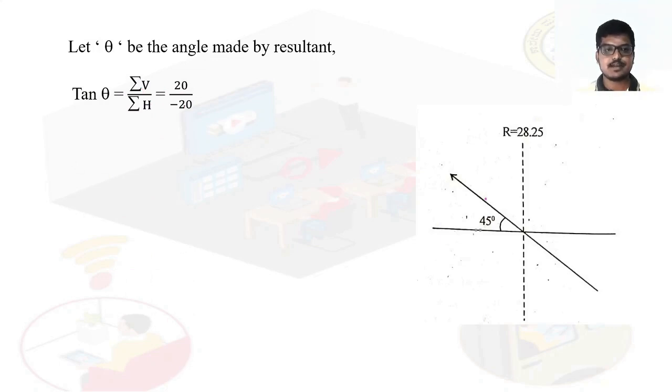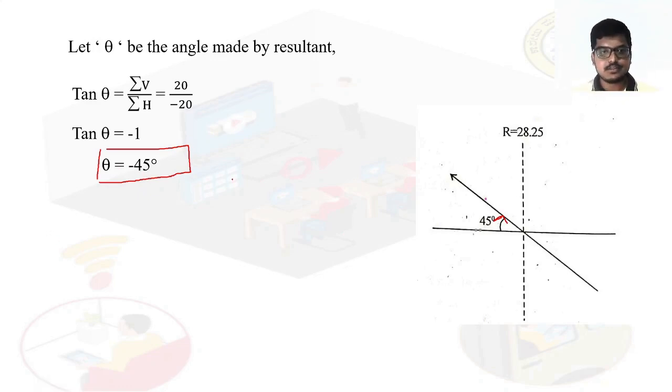Sigma V is 20, sigma H is minus 20. So tan theta is equal to minus 1. So theta is equal to tan inverse of minus 1, which is minus 45 degree. So you can see minus means clockwise.